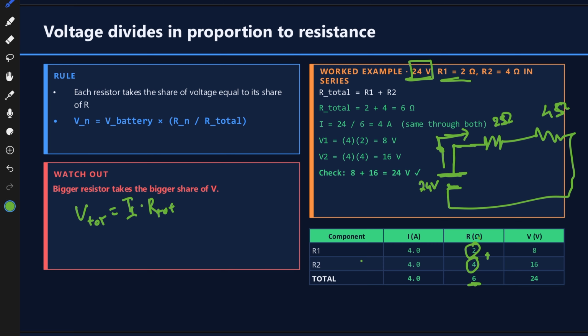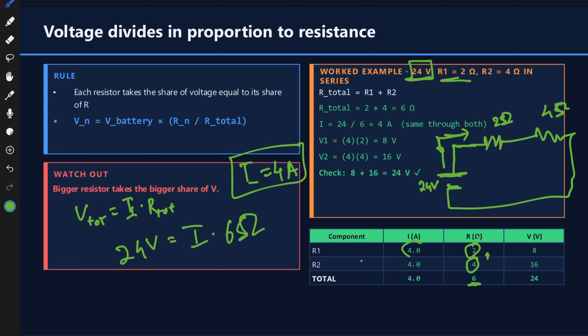So the voltage total is I times 6 ohms, and we know the voltage total is 24 volts, so I is equal to 4 amperes. So I can put 4 amperes here, 4 amperes here, 4 amperes here.